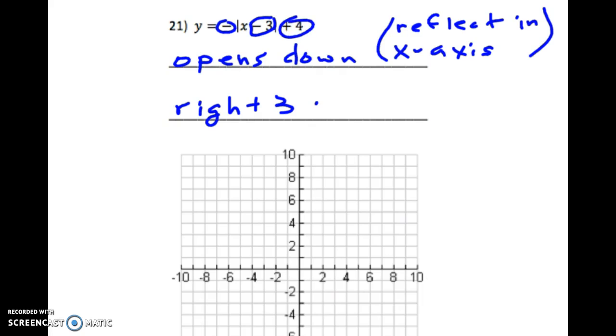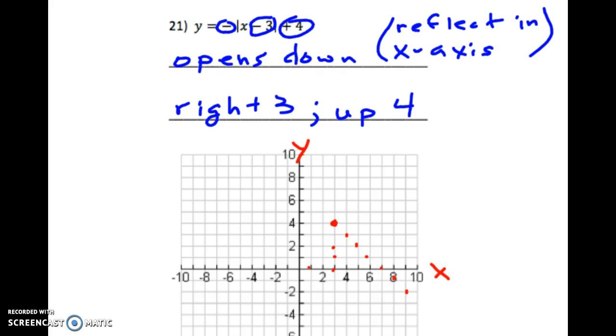plus 4 means we're going to go up 4. So if you look at our x and y axis, we're going to the right 3 and up 4. There's our vertex. Nothing special on the slope other than we know we're going down.